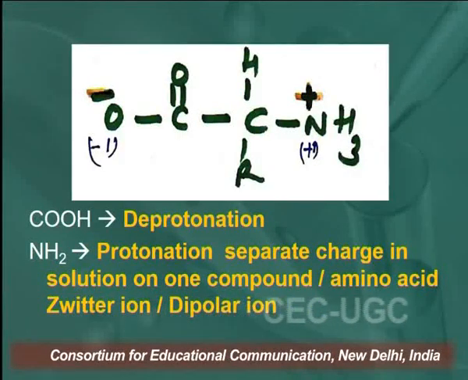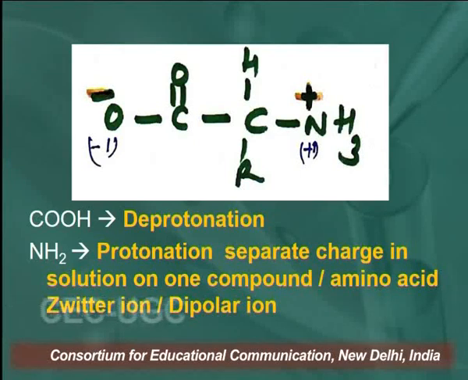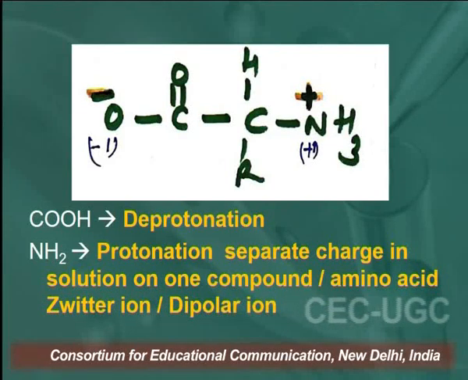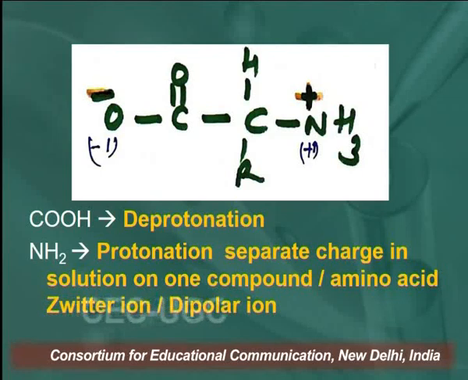It is very important, learners, that you understand how the internal transfer from the carboxylic group to the NH2 group, or NH2 group to the carboxylic group, takes place. For the acid-base character of amino acids, you have to understand how the internal transfer takes place.